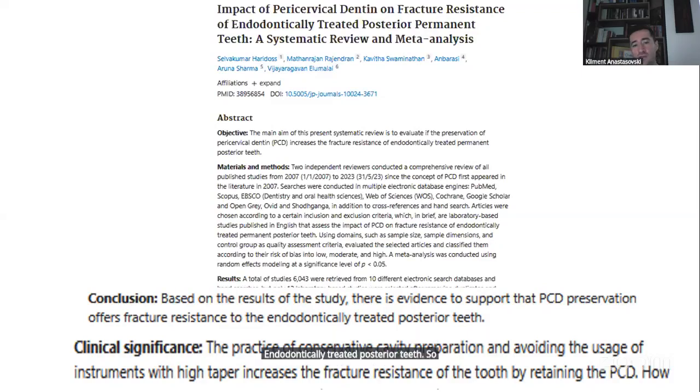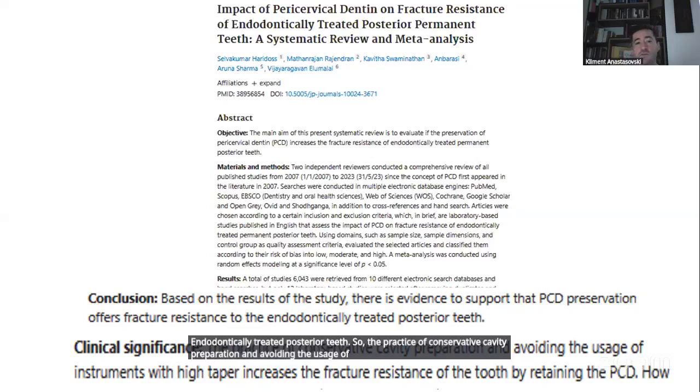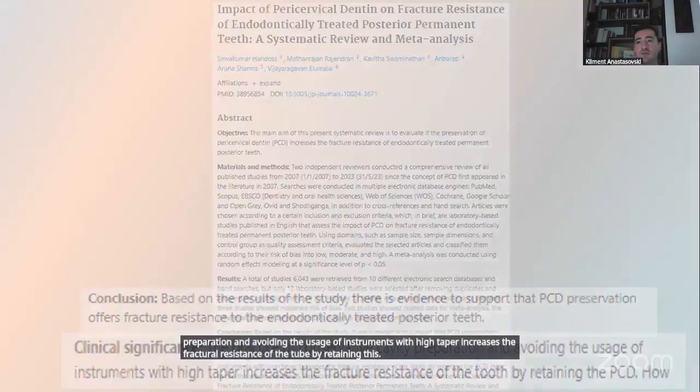So the practice of conservative cavity preparation and avoiding the usage of instruments with high taper increases the fractural resistance of the tooth by retaining this pericervical dentin.